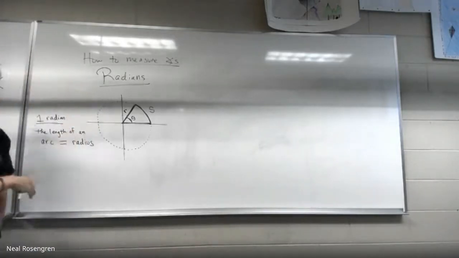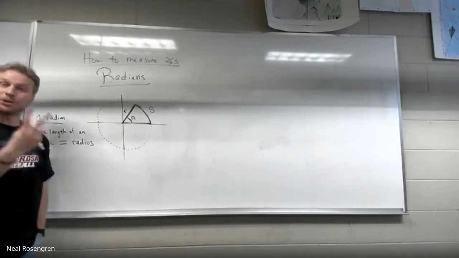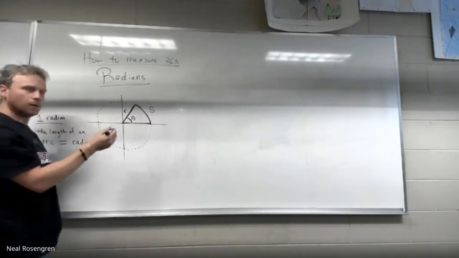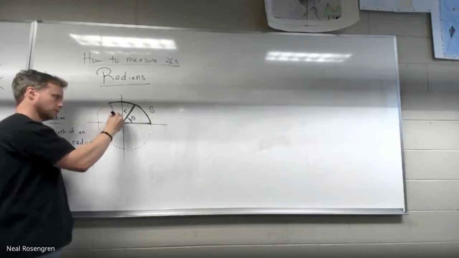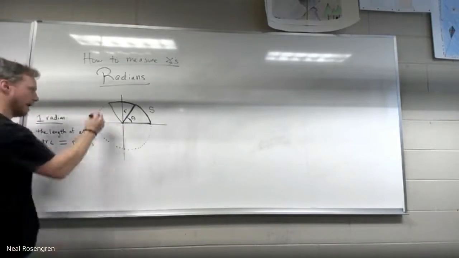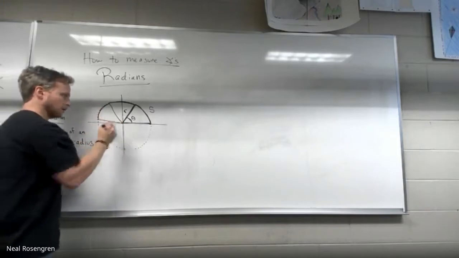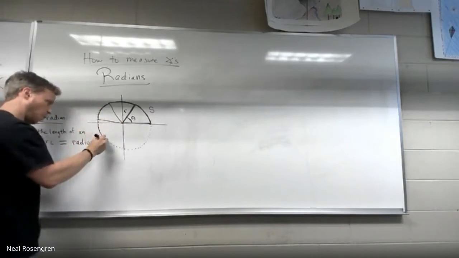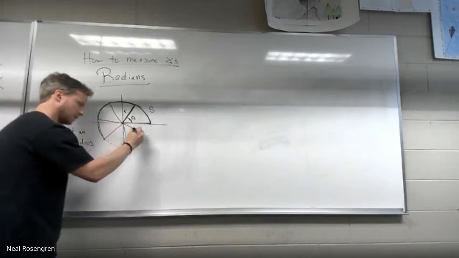That's what's so crazy. And what's awesome is, if that's 1 radian, now I can measure 2 radians. What can I do? I'll go twice as far. There's 2 radians right there, and there's 3 radians right there, and 4, and 5, and 6 radians right there.